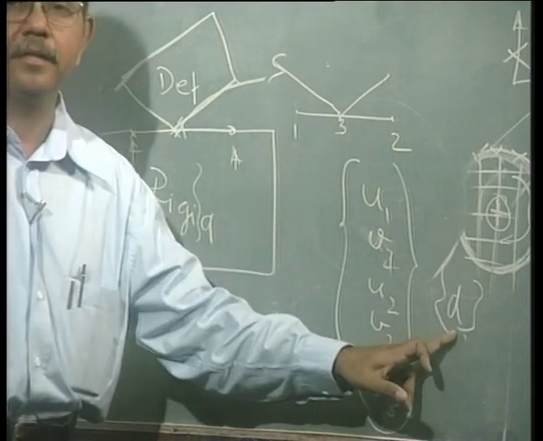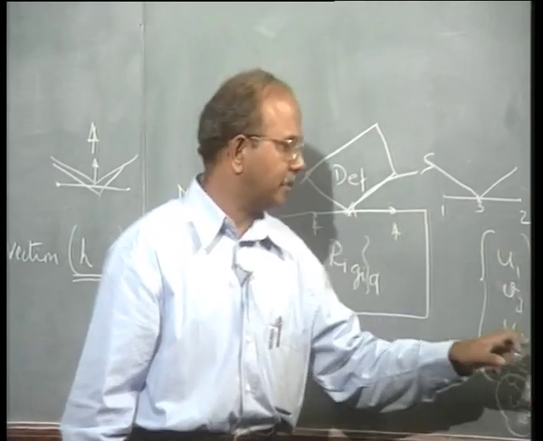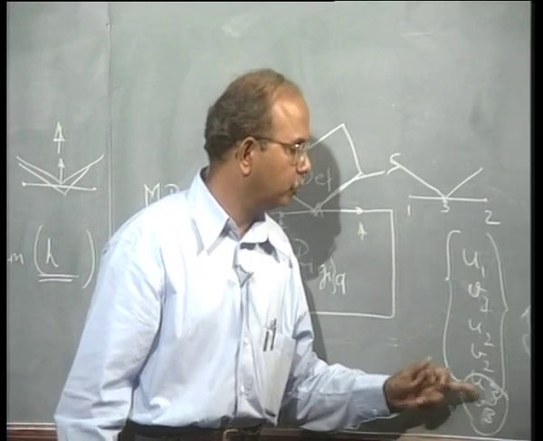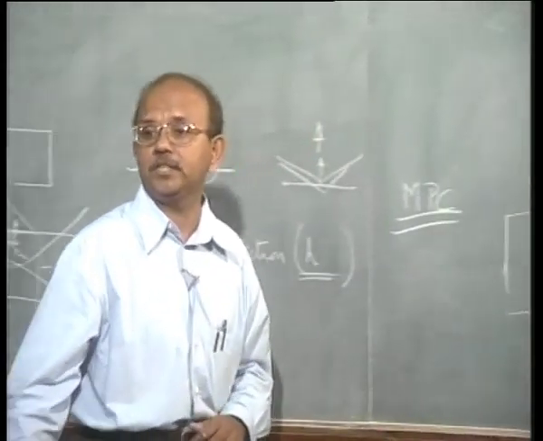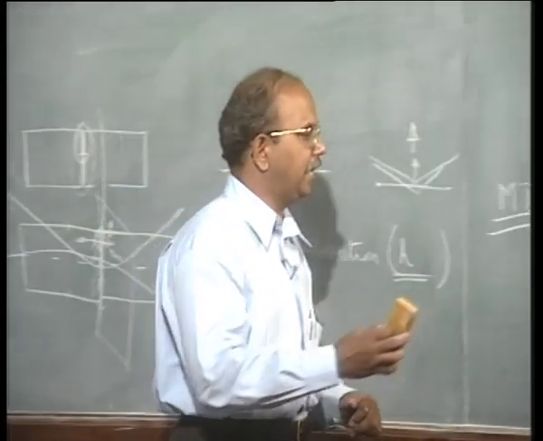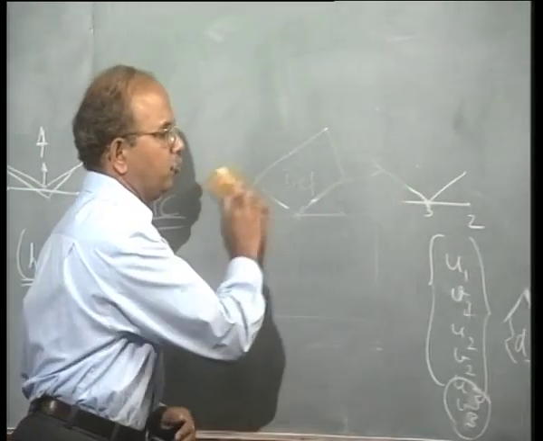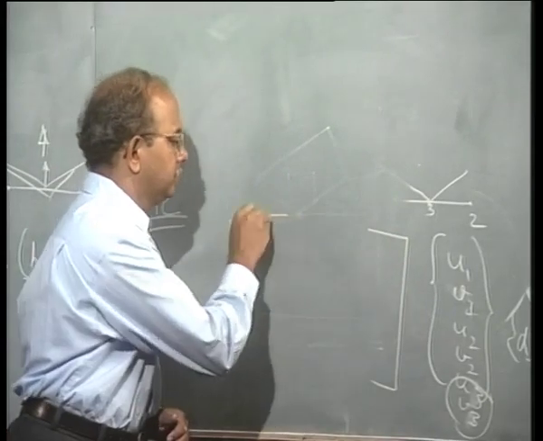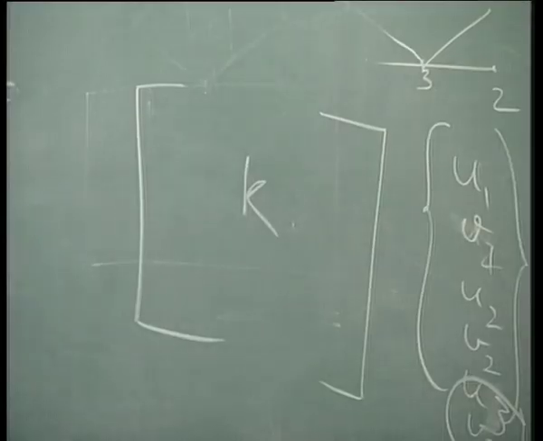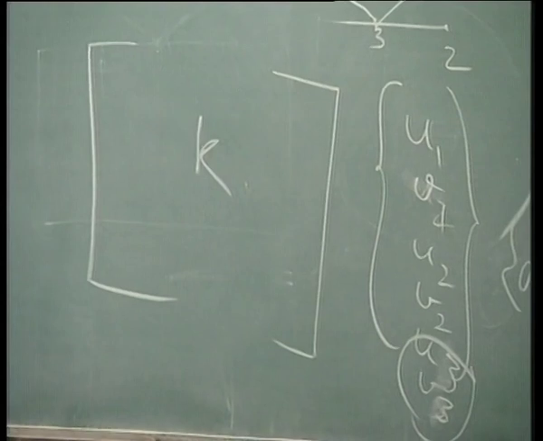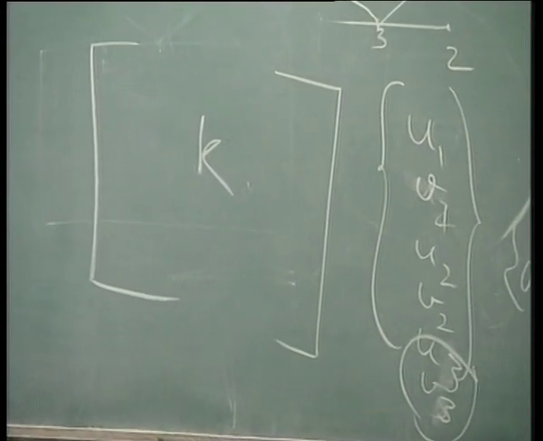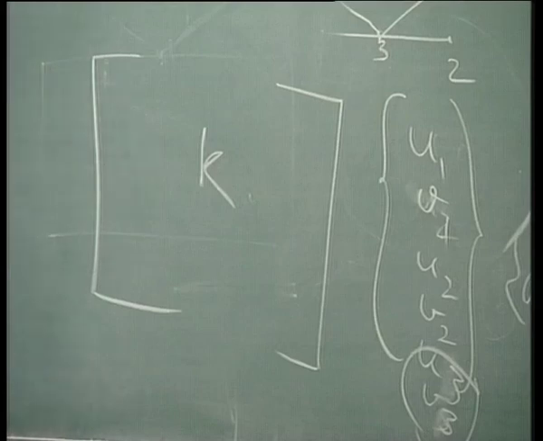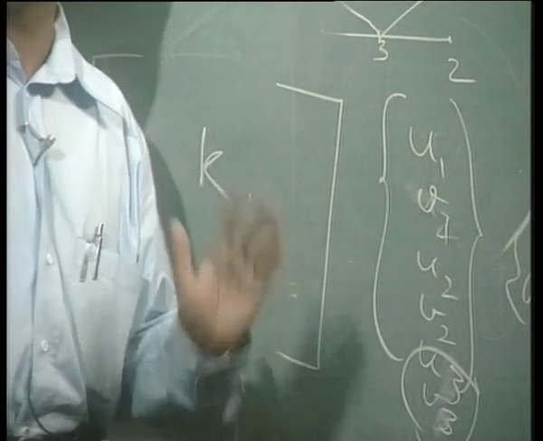Here the D vector consists of U1, V1, U2, V2, U3 and V3, to which is attached a K matrix. We will not go into the derivation of the K matrix, it is very complex, but I want you to understand it to model a contact situation.